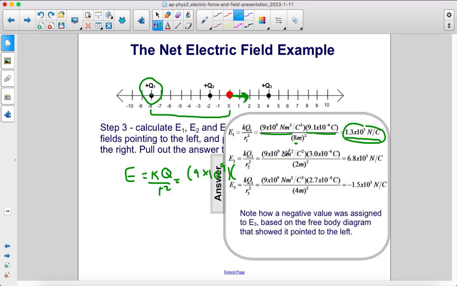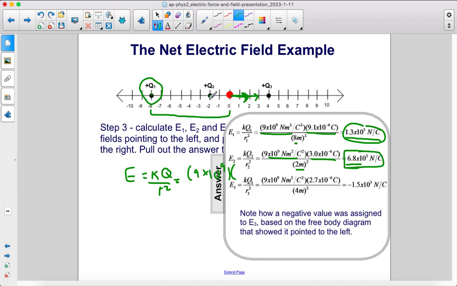We do the same thing for the other two electric field vectors. So for E2, we have a vector pointing to the right, so it's going to be positive. K, we have our charge here. This point charge is only 2 units away from the origin, so therefore we put 2 in for the distance, and that also gets squared, and it's going to be positive, so we have 6.8.